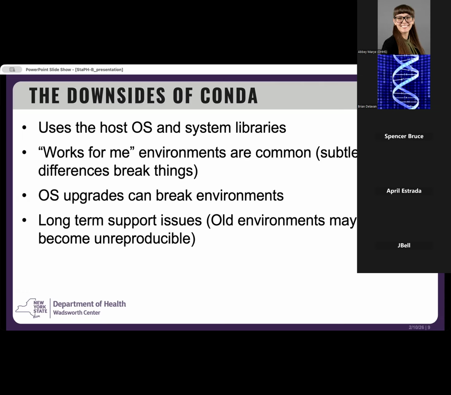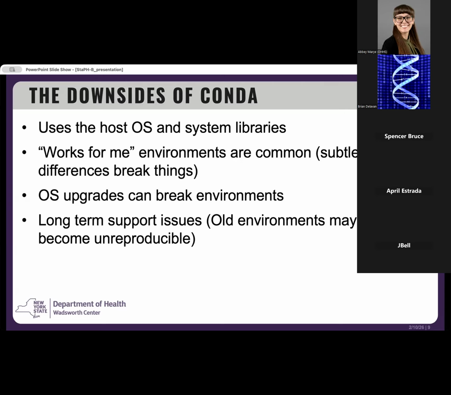So this is particularly relevant in managed environments where OS upgrades are outside the control of individual users. I certainly can't speak to everybody in this meeting, but I know here at Wadsworth, we go home at night, and when we come in the morning, our computers have been updated, unbeknownst to us, right? So this creates challenges for long-term support, validation, and auditability.